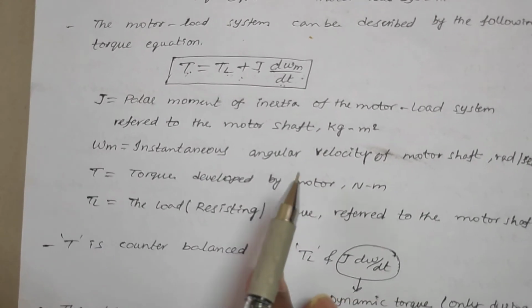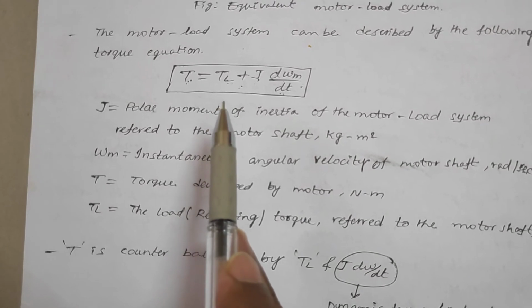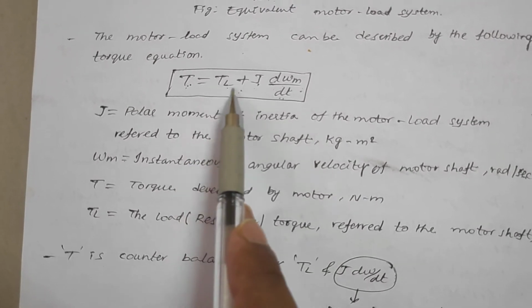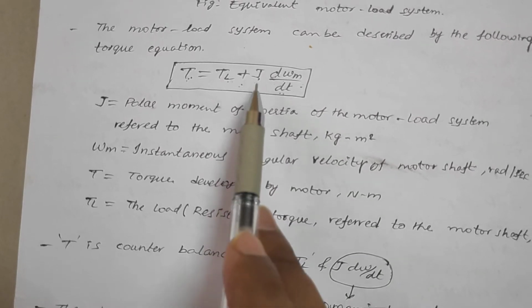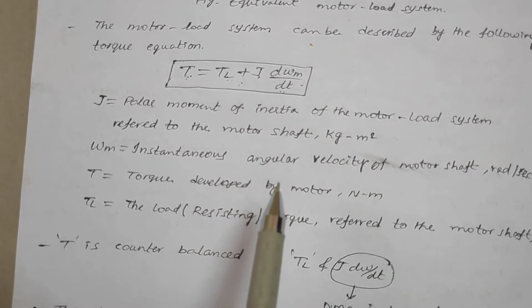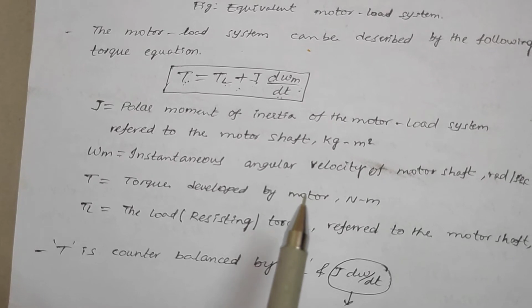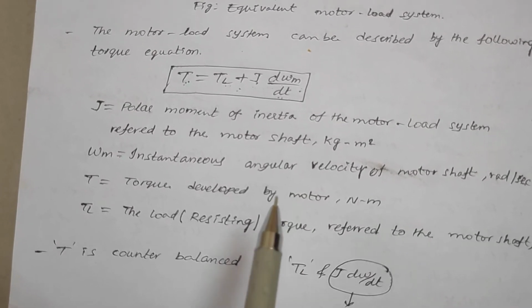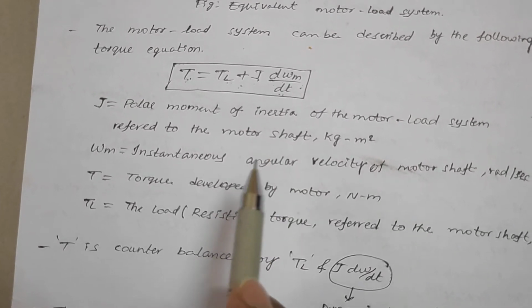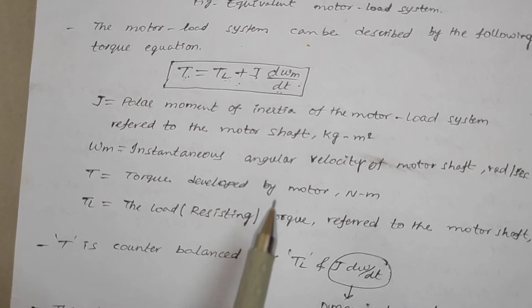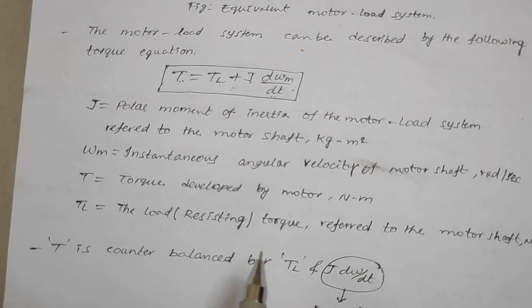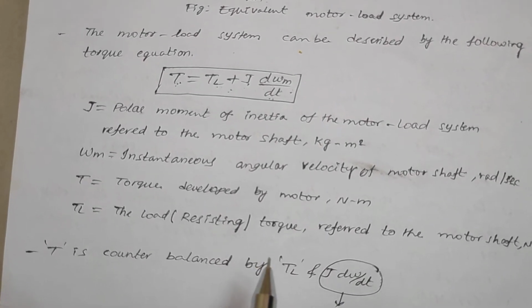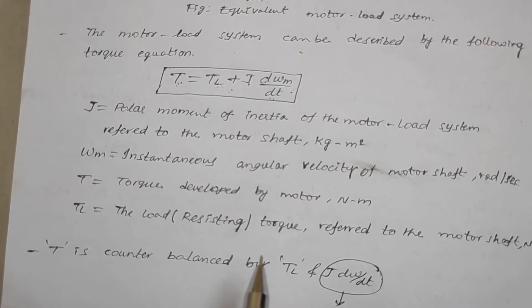So from that, the developed torque by the motor, T, is equal to TL plus J into d omega by dt. Here J is the moment of inertia of the motor load system, which is referred to the shaft, in kg meter square. Omega m is the instantaneous angular velocity of the motor shaft in radians per second.